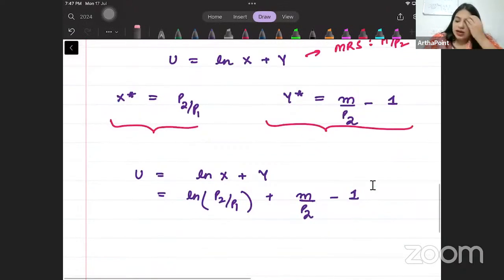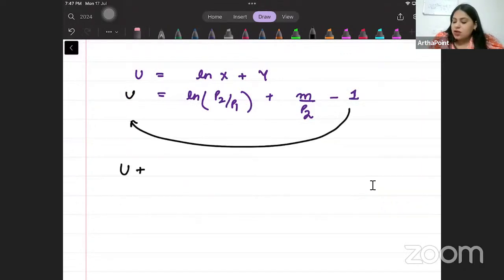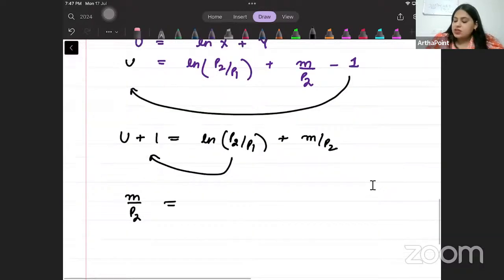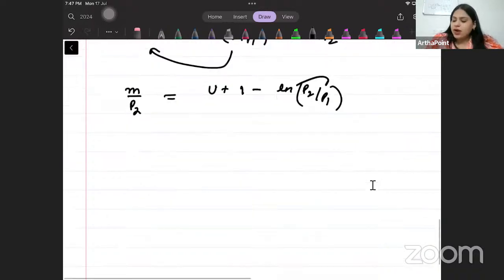So beta, let's find the expenditure function. If I take 1 here, I will have U plus 1 is equal to ln P2 by P1 plus M by P2. I can take this also here. So M by P2 is equal to U plus 1 minus ln P2 by P1. I can also open this if required. Huh?